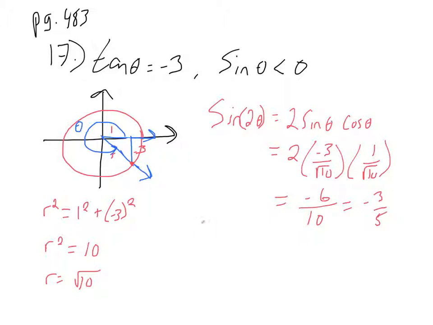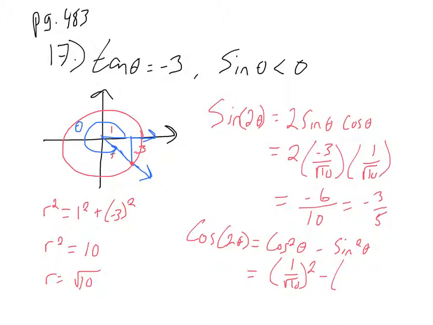Cosine 2 theta, we have 3 different formulas for that. I'm just going to use the first one: cosine squared theta minus sine squared theta. Cosine, we already said, was 1 over square root of 10. Sine is -3 over square root of 10.